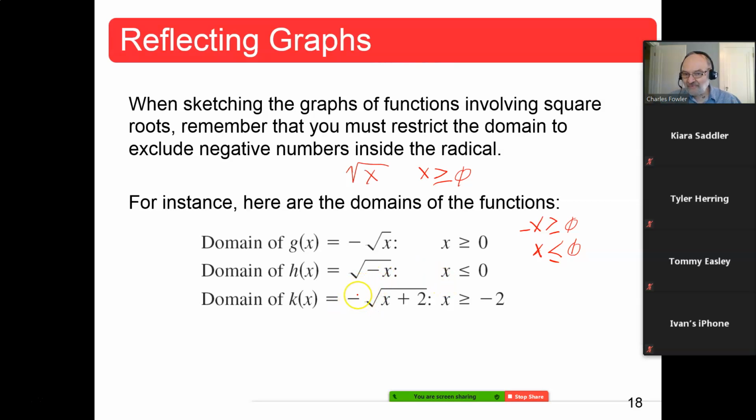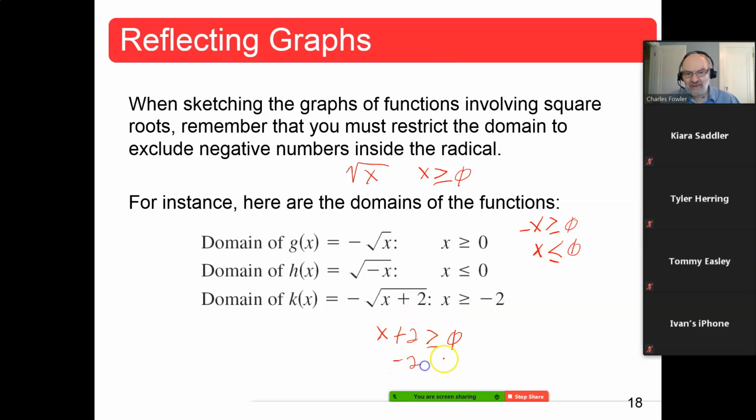Here, the minus sign up front doesn't change the domain. It'll change the range for sure. But the domain is this. x plus 2, whatever's under that radical, has to be greater than or equal to 0. Anything under an even root radical has to be non-negative.